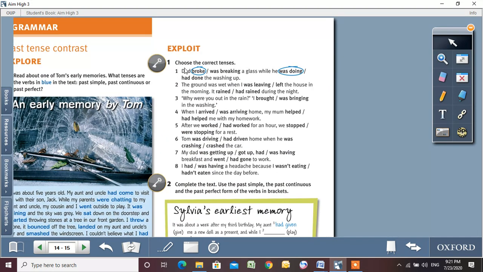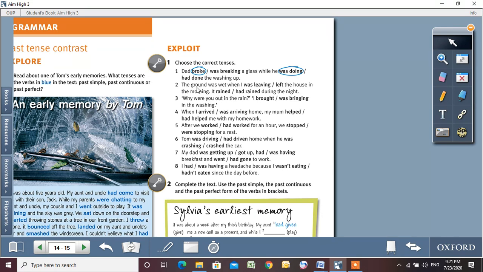Exercise 1. Choose the correct tense or tenses. Number 1. Dad broke a glass while he was doing the washing up. Number 2.